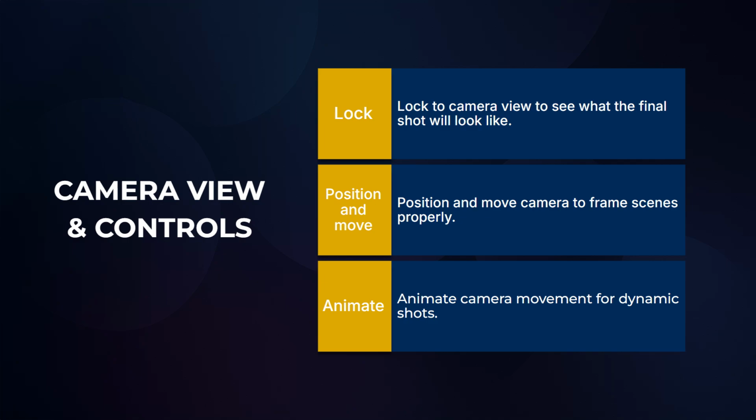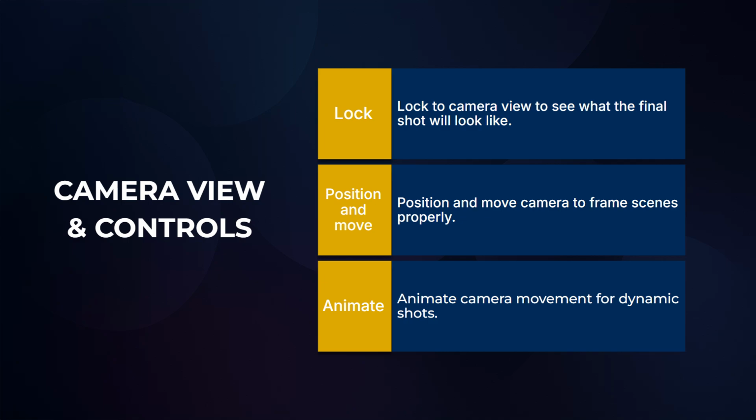You can also lock the view to the camera and move the view as you orbit. To move the camera like a real object, use the move and rotate tools. Cameras are just like any other object. They can be animated, parented, and constrained.